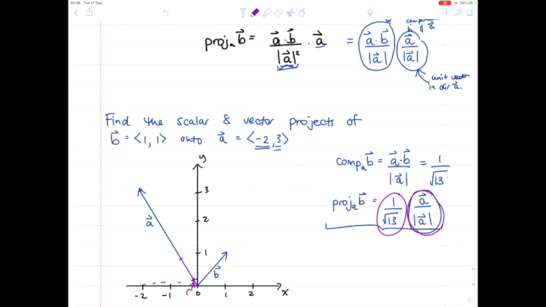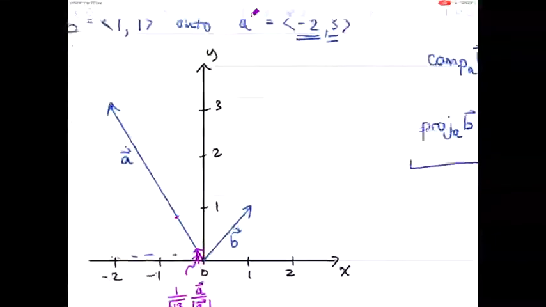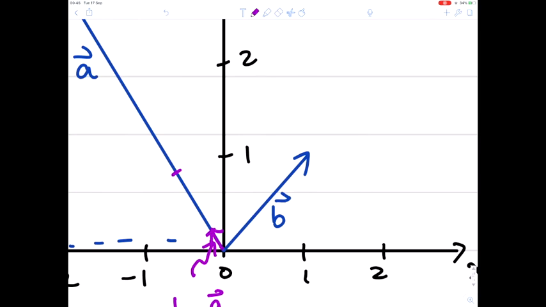So this itty bitty little thing over here is our 1 over root 13 in the direction of A. And if we were to extend this a little bit more, you'd notice that if you were to draw a line perpendicular to the little component that we just found, that would give you another component for B, so that we can in fact write B as this component, which is in the direction of A, plus this component, which is perpendicular to A.